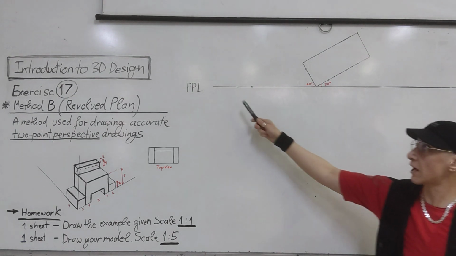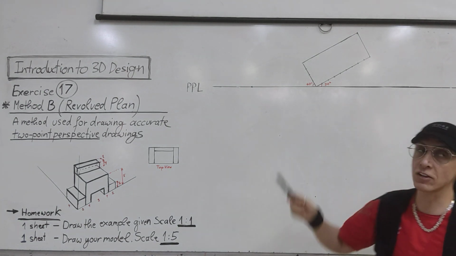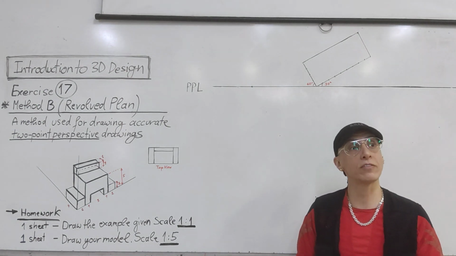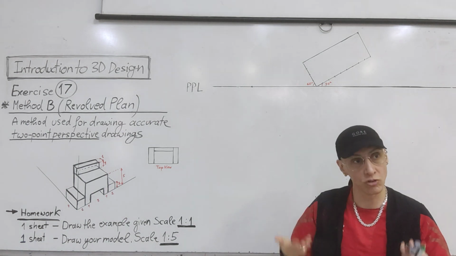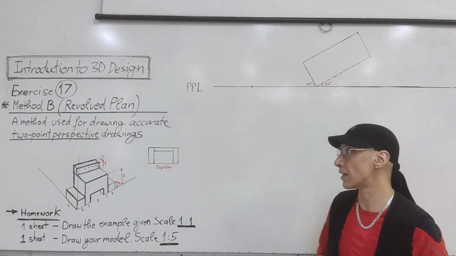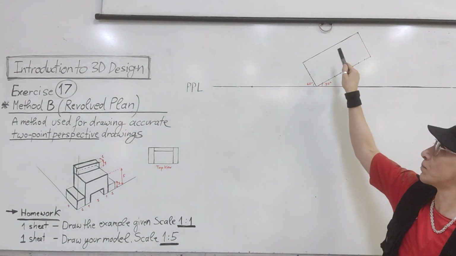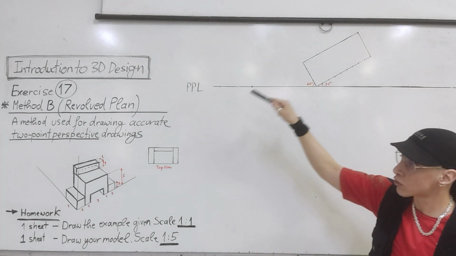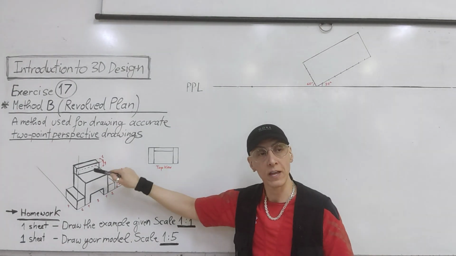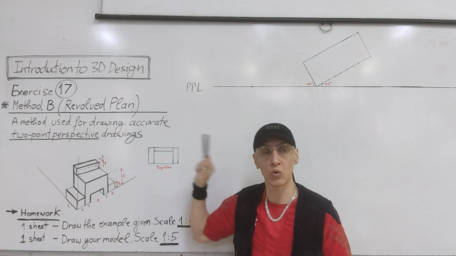We start with a line called the picture plane line. This is not the horizon line. This is an additional line. On top of the picture plane line, we will draw whatever object as a top view.